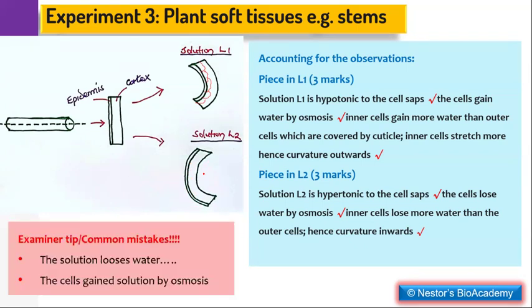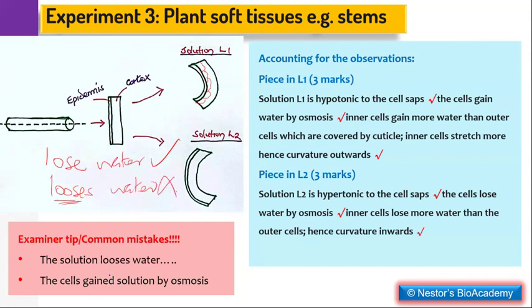And again, the examiner tip here, what is always most important for you to understand is that when you talk of losing water, the tissues or the cells lose water. Don't say the cells loses water. This one is incorrect.